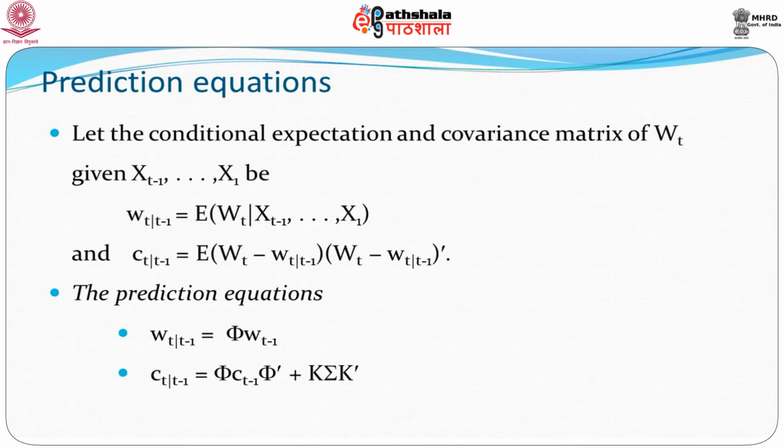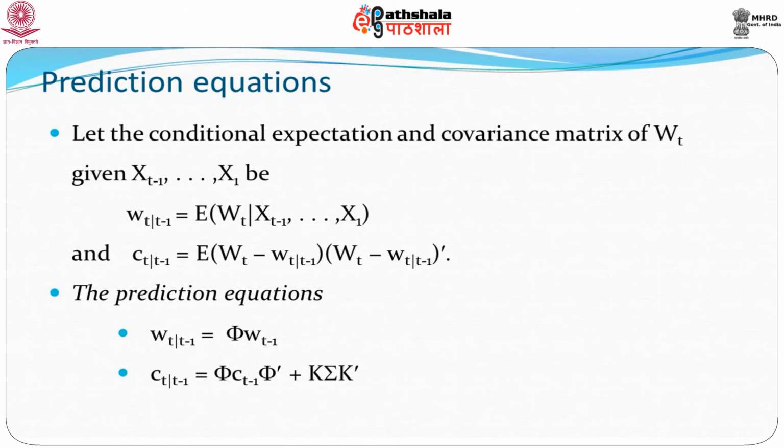In the observation equation, we have x_t is equal to alpha' W_t plus epsilon_t. That gives us a relation that x_{t-1} known means W_{t-1} is known. In fact, if you go now to the state equation, we will find that W_t depends on phi W_{t-1} plus the error, and the error has expectation 0. Therefore, W_{t|t-1} given the past would really be the first term, which is phi W_{t-1}.